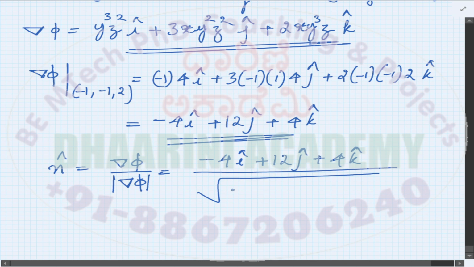So squaring the terms, 4 square is 16, 12 square is 144, plus 16. Okay, so now this means I can take a 4 common in the numerator, right? Let me take a minus 4 outside. What happens when the minus 4 goes out? This is i plus 3j.